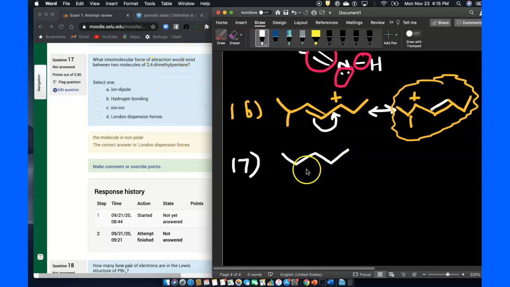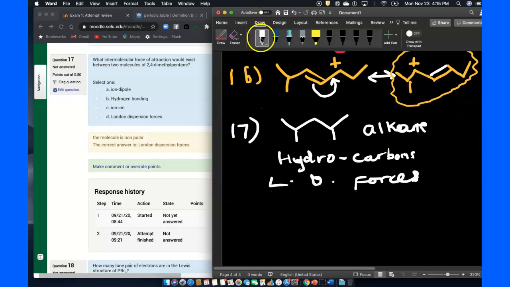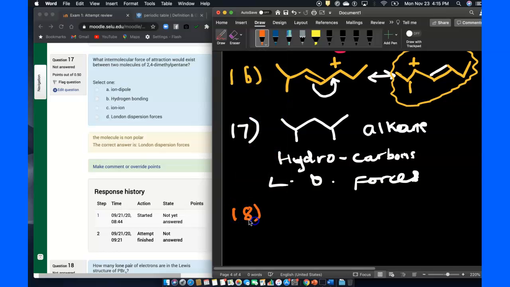In simple terms, whenever you have hydrocarbons, structures that only have hydrogen and carbon in them, they will have London dispersion forces because there's really no dipole or hydrogen bonding that can happen within the structure. So that was simple. I told you that one, you should have gotten it right.